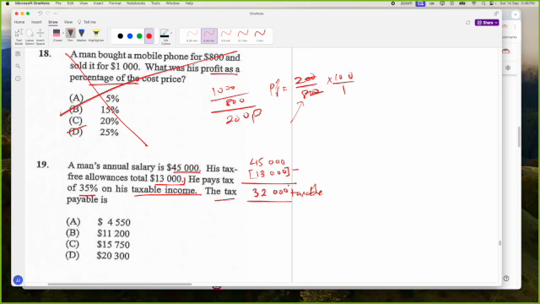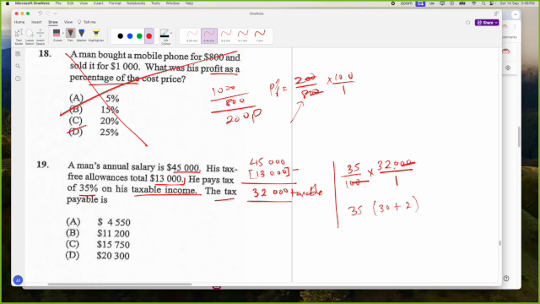They want the tax. So they want the 35% of 32,000. No calculators. So that means I had to multiply, and I'll try to remember to add my zero this time. I'll multiply 35 by 30 plus 2.